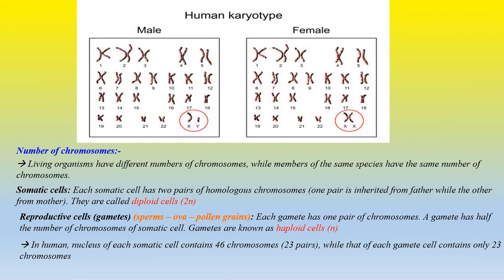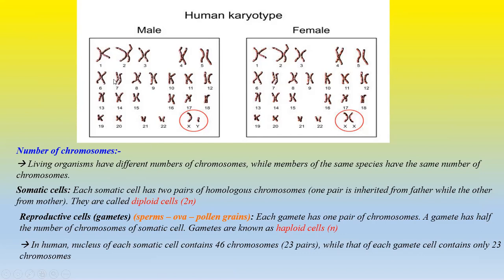Okay, we said before that there are types of cells, either somatic cells or reproductive cells. Each somatic cell has two sets of homologous chromosomes. One pair is inherited from the father while the other is inherited from the mother. That is why they are called diploid cells, 2N.